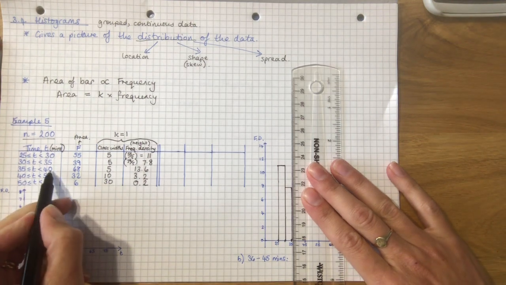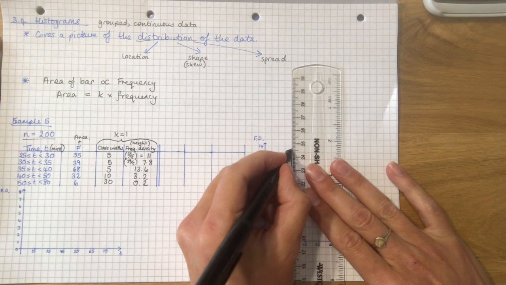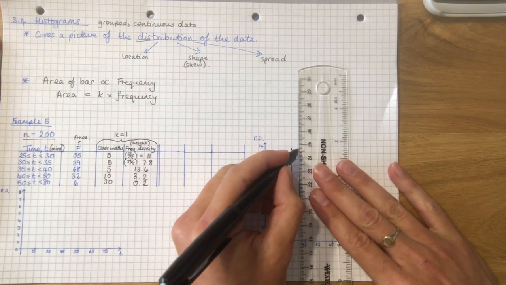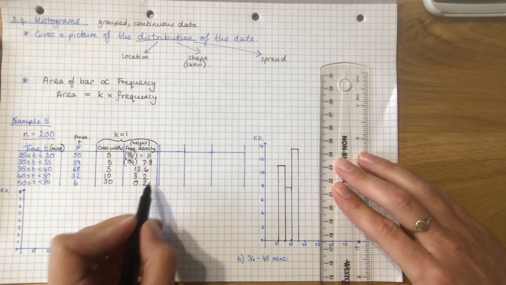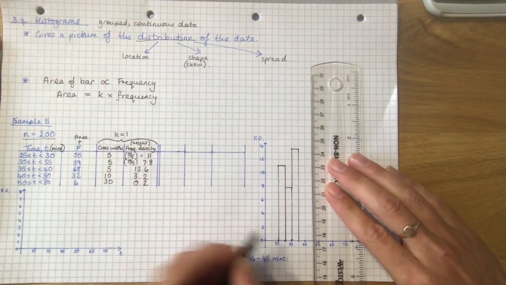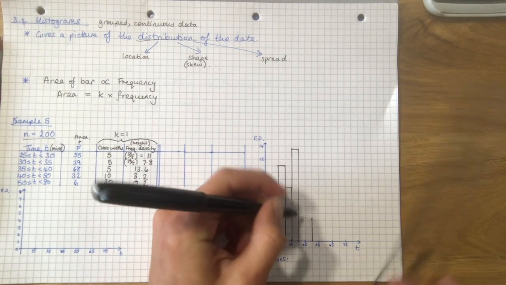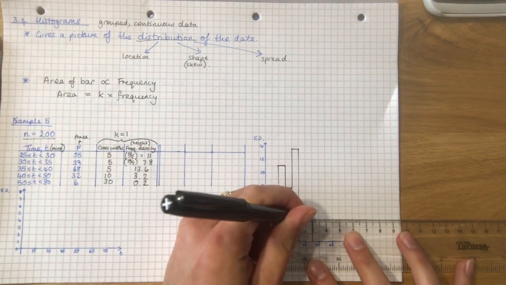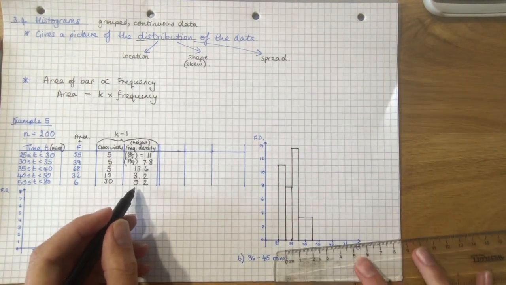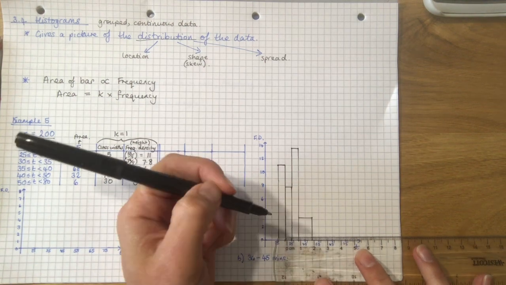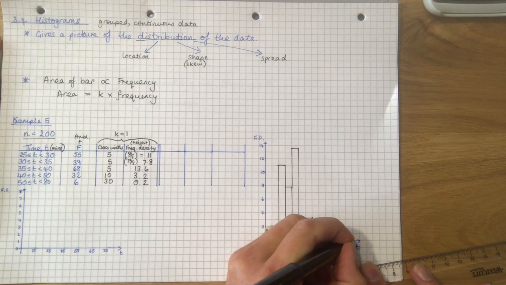From 35 to 40, the height is 13.6. From 40 to 50, the height is 3.2. And then from 50 to 80, the height is 0.2. So we've got a really tiny one at the end here, like that. There we go.